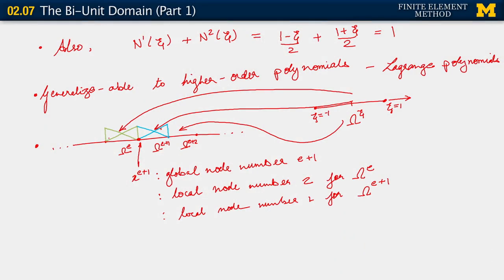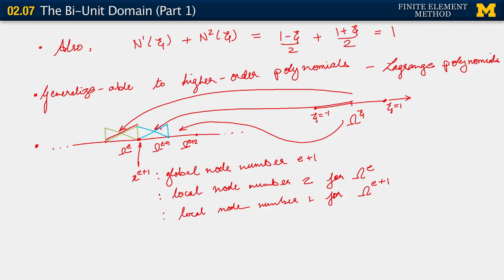Nevertheless, the point I wanted to make here is that now when we look at this collection of basis functions and we focus upon the individual nodes and view them as global nodes on a sort of global scale, with global node numbers, what you observe is that for node xe plus 1, we have a basis function which I'm going to draw slightly off.